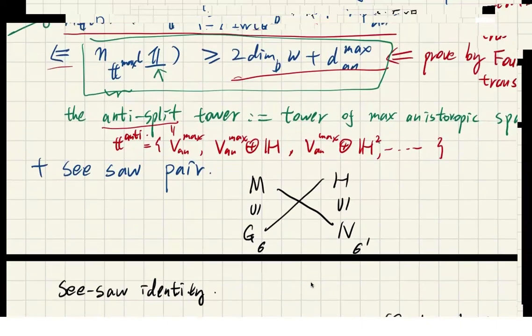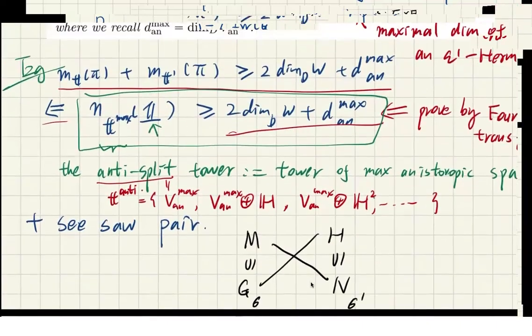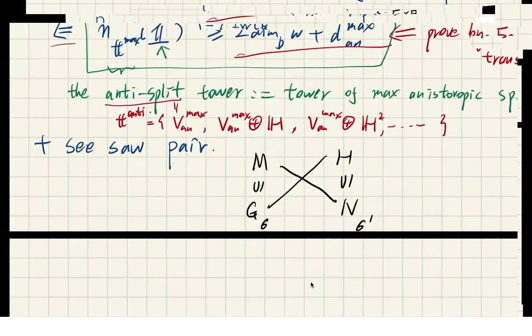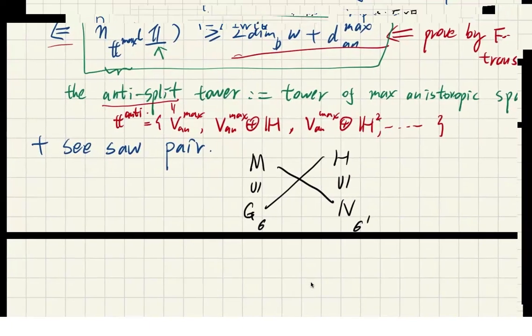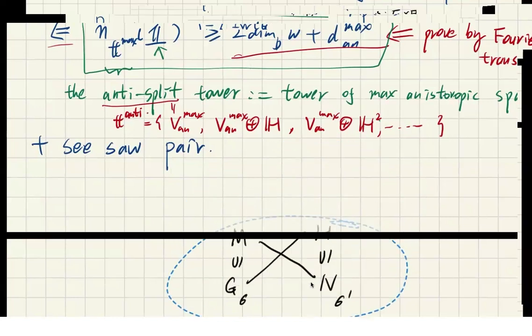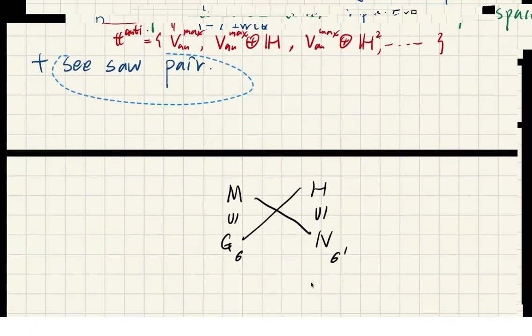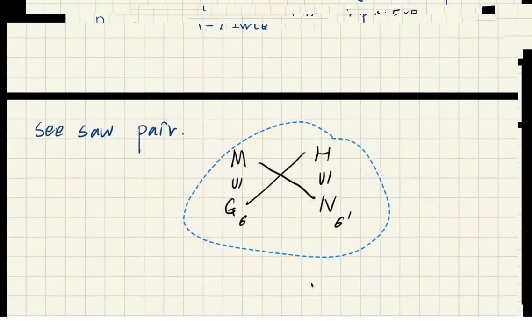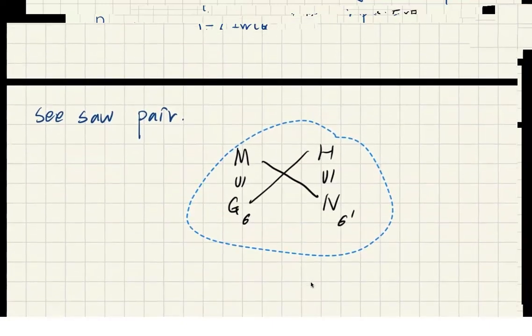So this comes down to a very important notion called a seesaw pair, and it's a very important trick. Seesaw, I think all of you have played seesaw during your childhood. It goes up and down.